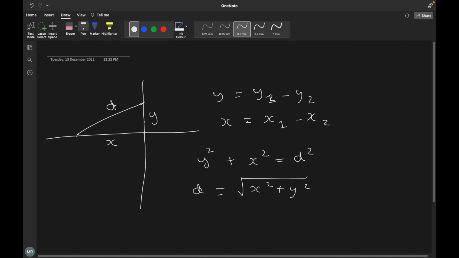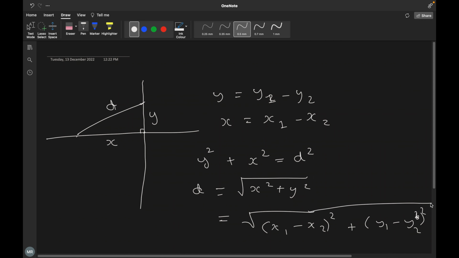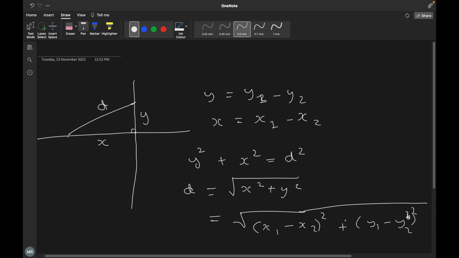Since this is a right angle triangle, where x is x1 minus x2 and y is y1 minus y2, if we substitute that back into this equation, we get the same thing that we wrote on the slide. So that's how this is derived. It's pretty simple. If you want to find the distance between 2 points, you use this formula. You could honestly use the Pythagoras theorem, but since you directly know this, it would be simpler.